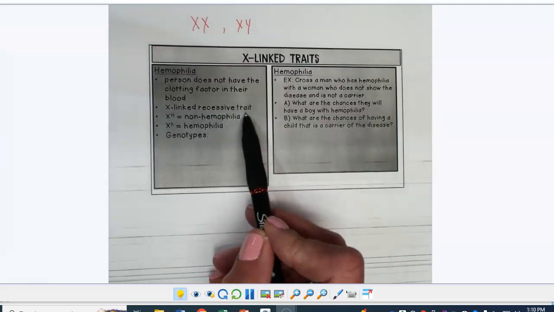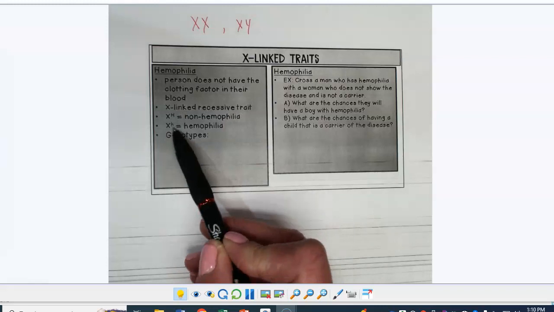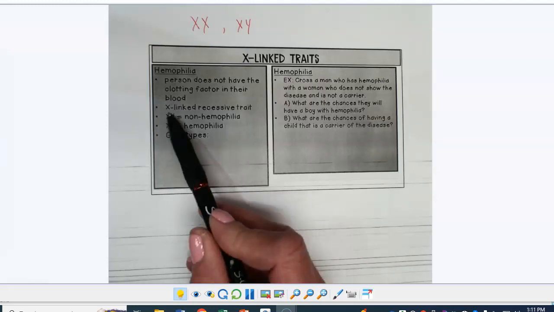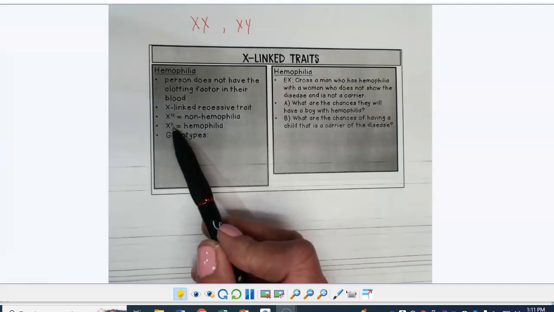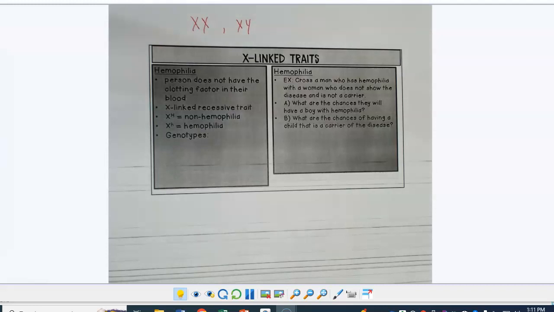It's a recessive trait. So in order to see hemophilia, if you're a female, you have to have 2 of the recessive alleles. If you're a male, you only need 1 recessive allele. So we are going to use our capital letters and our lowercase letters to represent dominant and recessive, but we're going to use it on the X, and we're going to use the Y chromosome to represent a male.